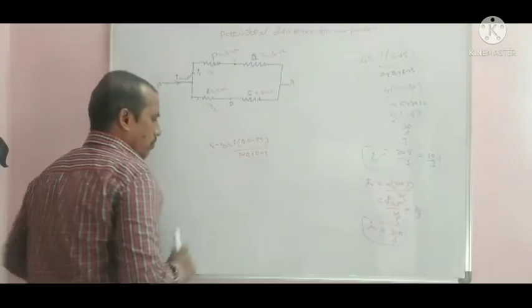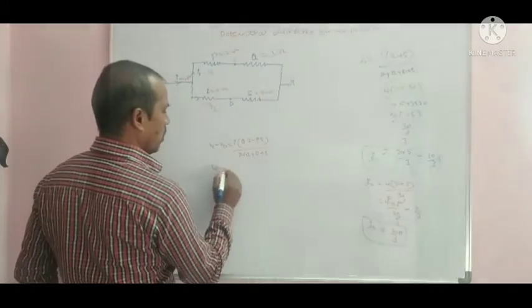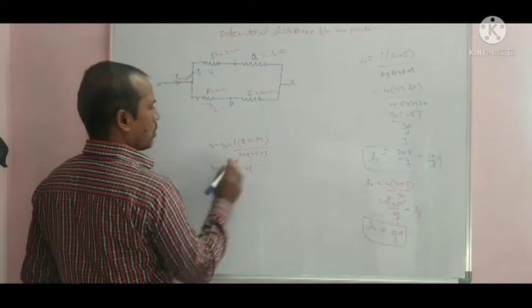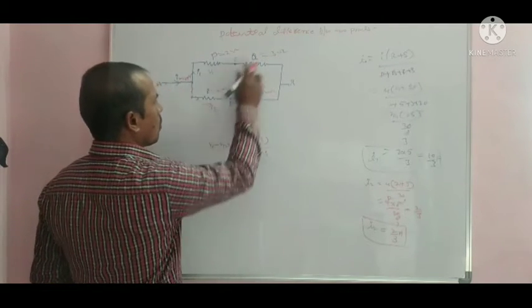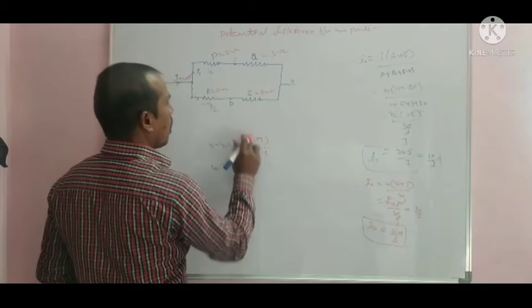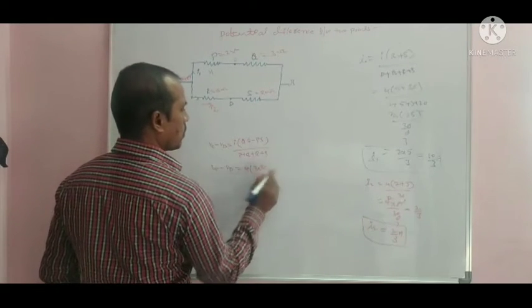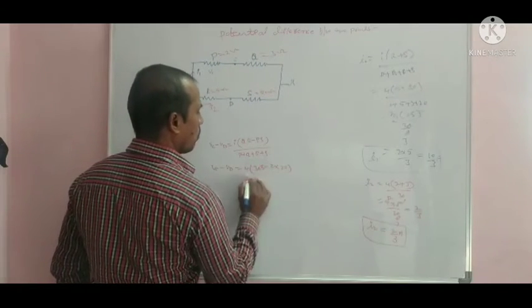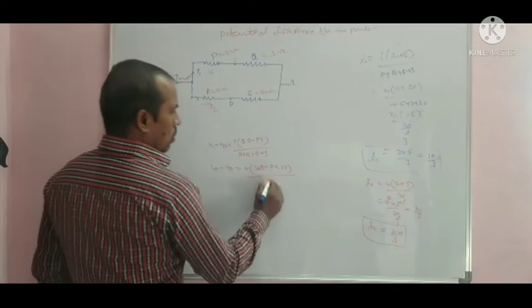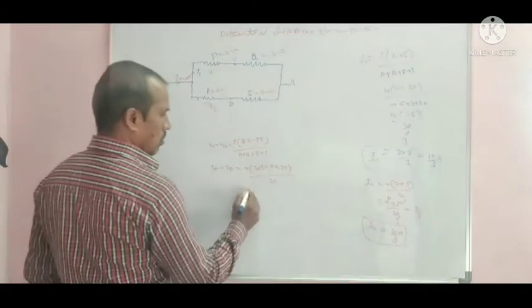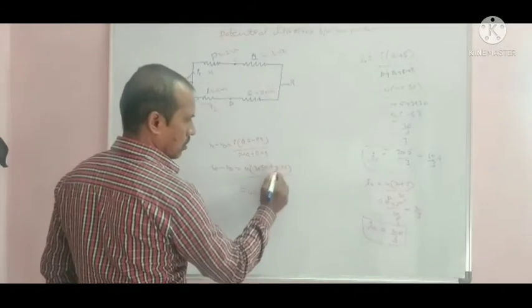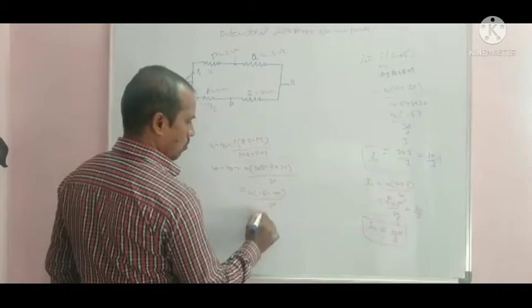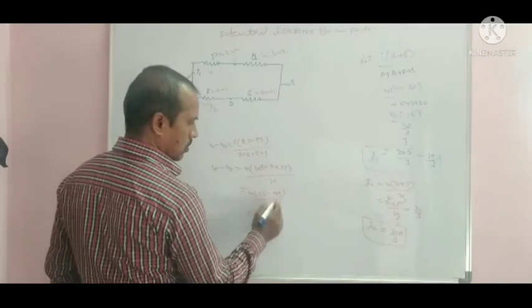Here VC minus VD is equal to I, which is 4 amperes, into P and R, Q and R: 3 into the R value 5, minus, opposite, 2 into 20, by the total, 30. 4 into 15 minus 40 by 30, 4 into minus 25.